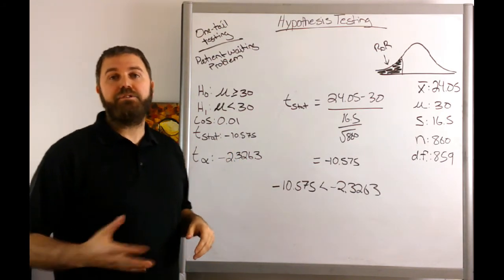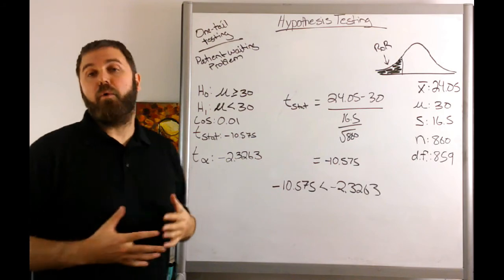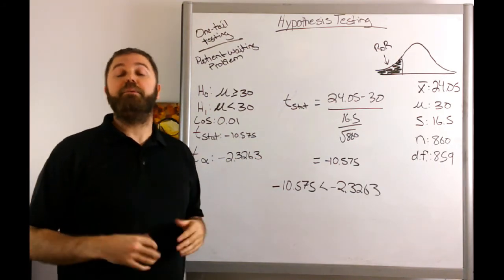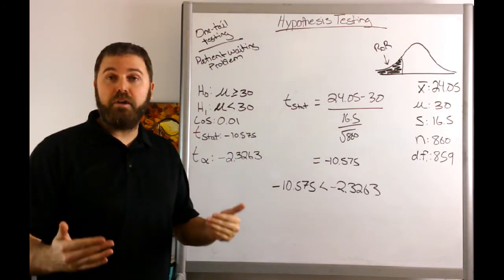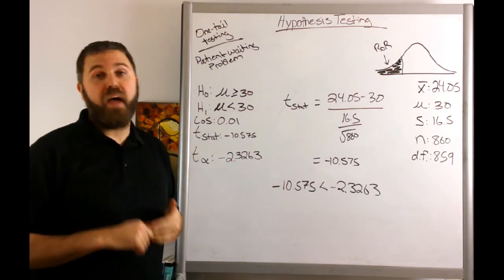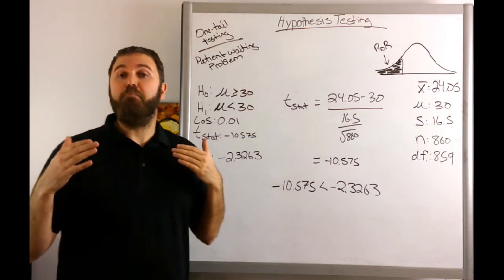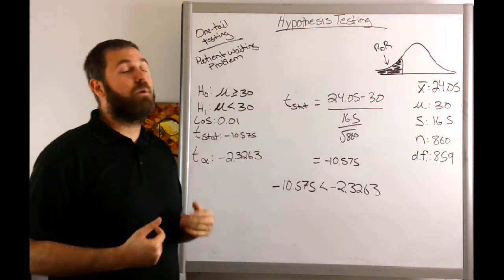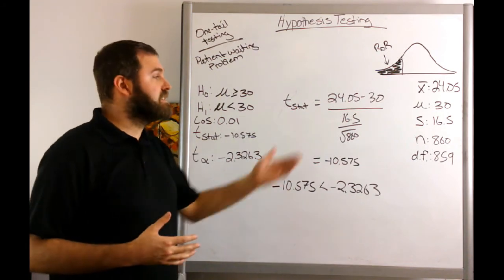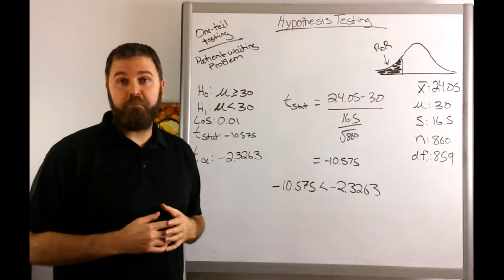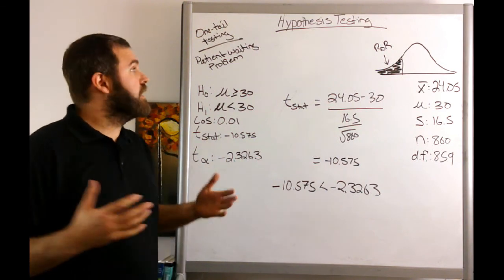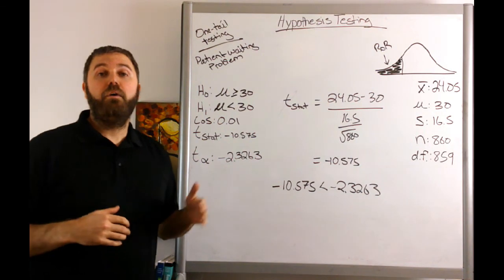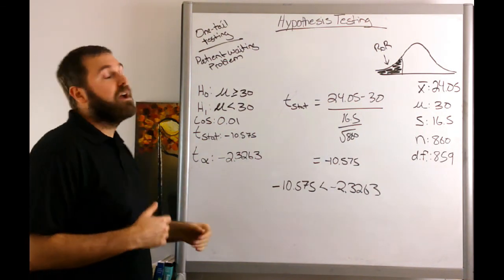If you ran this through Excel or an online calculator to calculate your p-value, your p would be 0.0000. So there is an example of using hypothesis testing for a one-tailed test.